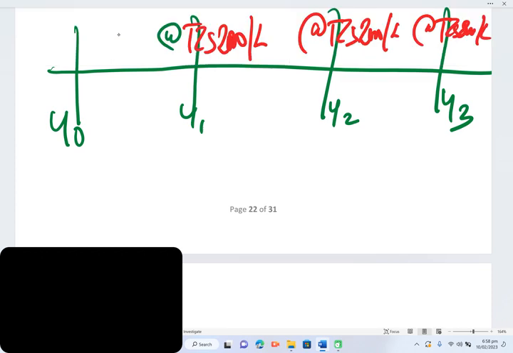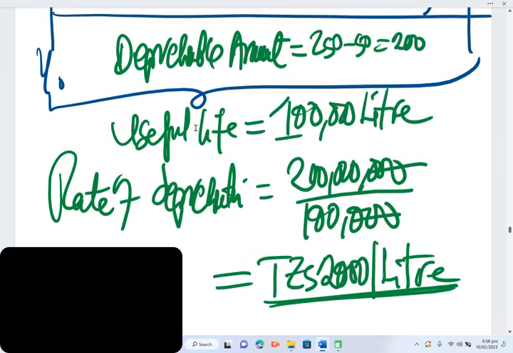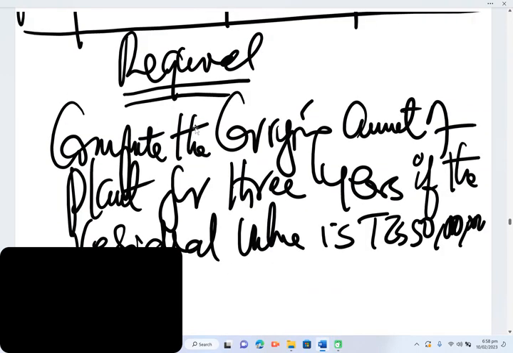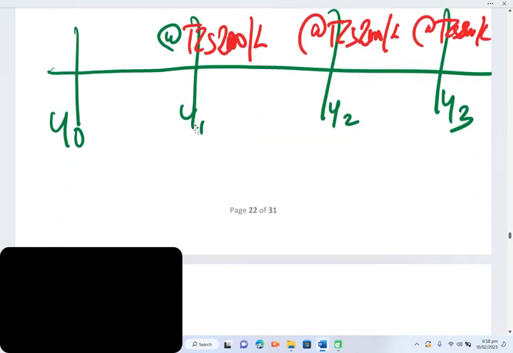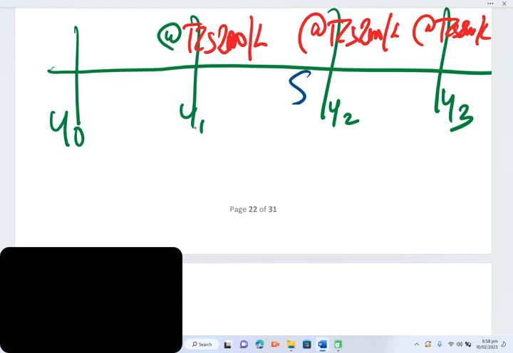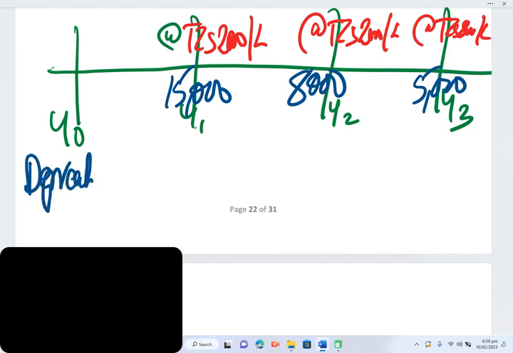Ilitoa lita 15,000. Twende kwenye table. Kuna 15,000, 8,000, 5,000. Sasa utaandika elfu ngapi? Hapa 8,000. Hapa 5,000. Sasa depreciation kama lita 1 sawa na 2,000, je, lita 15,000 kiasi gani?